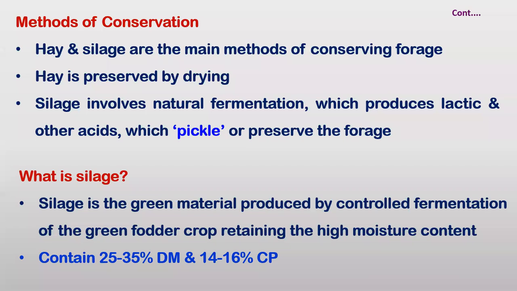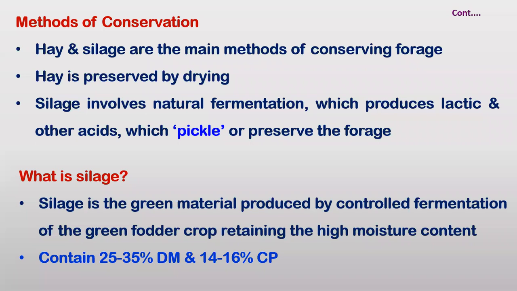So what is silage? Silage is a controlled fermentation of green fodder, that means anaerobic fermentation of the green fodder. We try to maintain the anaerobic condition of the green fodder crop, which retains high moisture content.